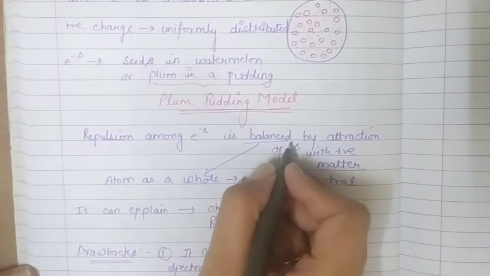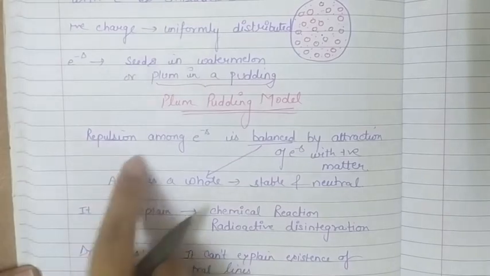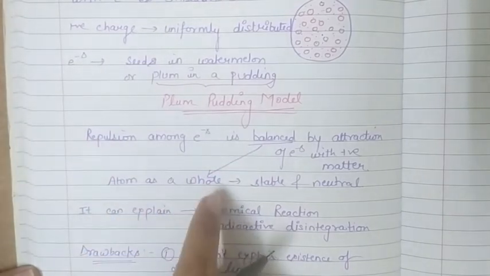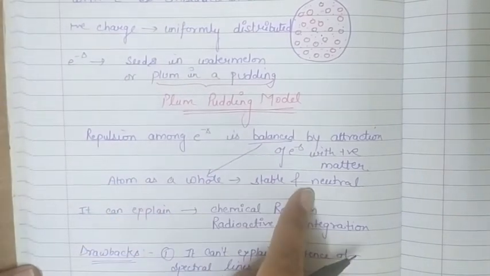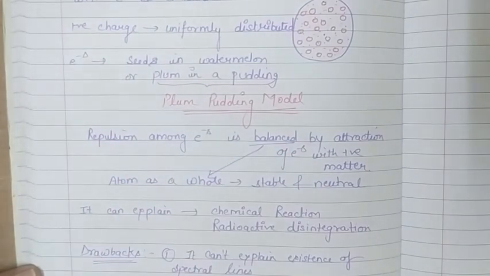Because of this balance, we consider the atom as a whole stable and neutral. So this was Thomson's model.